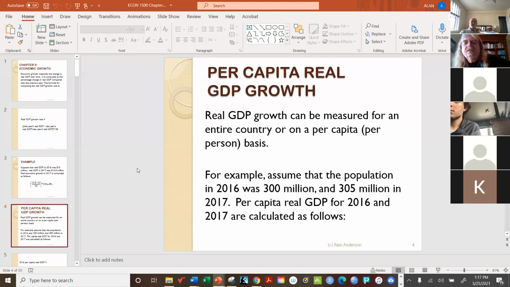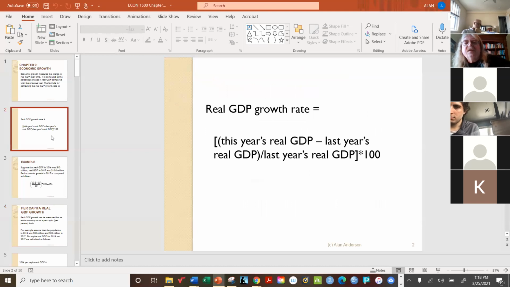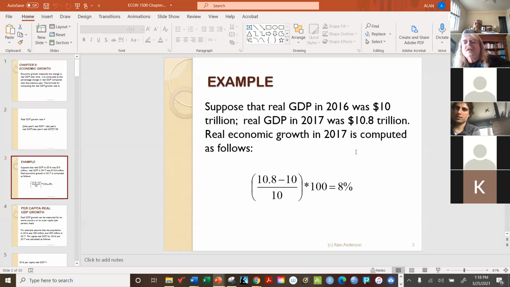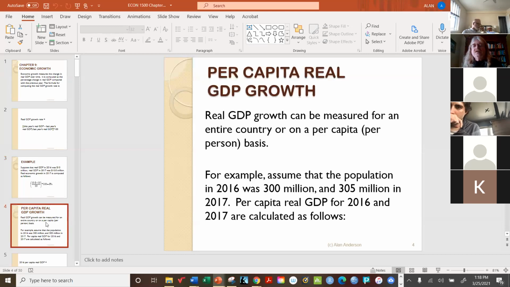What if we find out that based on these numbers for this country, in addition to this real GDP, in 2016 the population of this country was 300 million, and the next year it was 305 million. So here's what we can do.